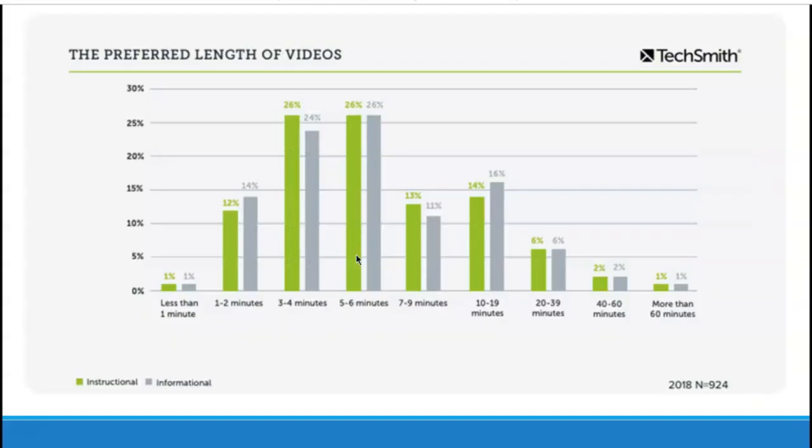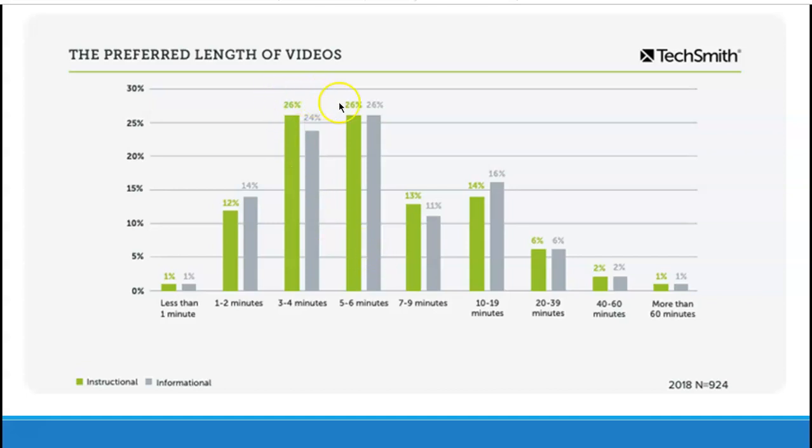Now, another survey done by TechSmith looks at the preferred length of videos. This survey recommends instructional videos be less than 20 minutes, which is great. But the preference is towards 3 to 6 minutes.